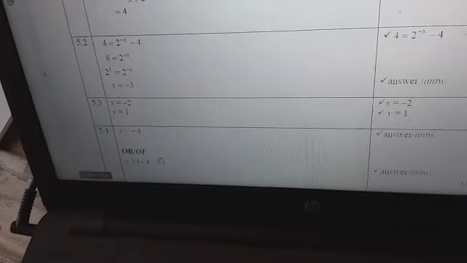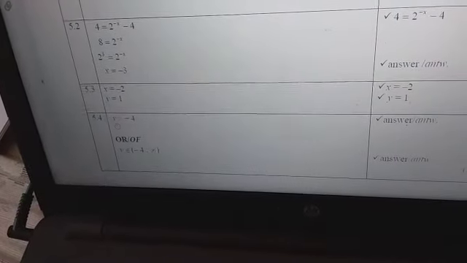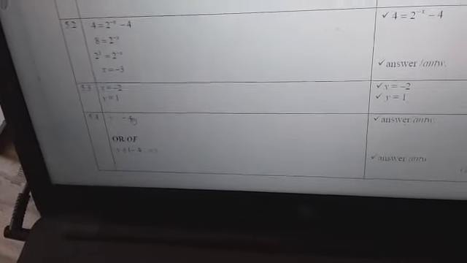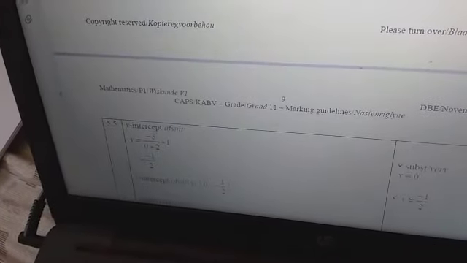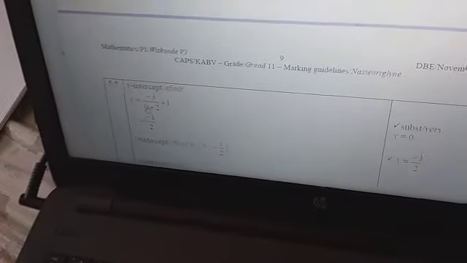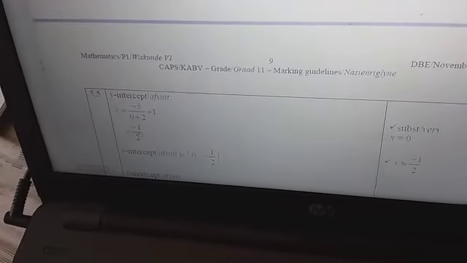All right. This was the range. So your range y must be greater than negative 4. We have said that. Okay, the y-intercept, we've said this.